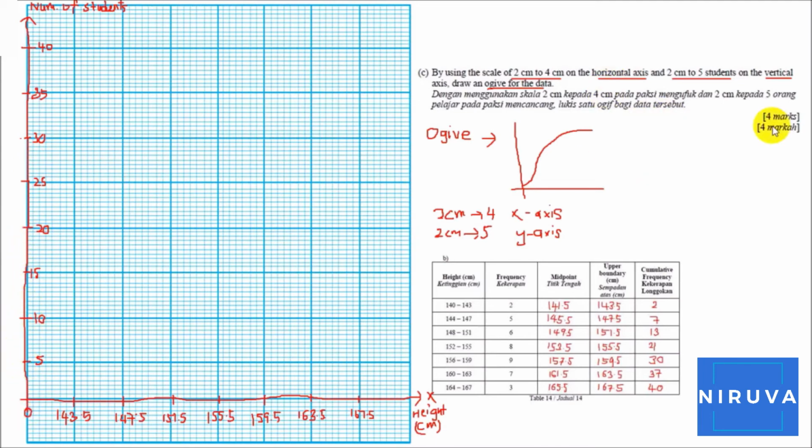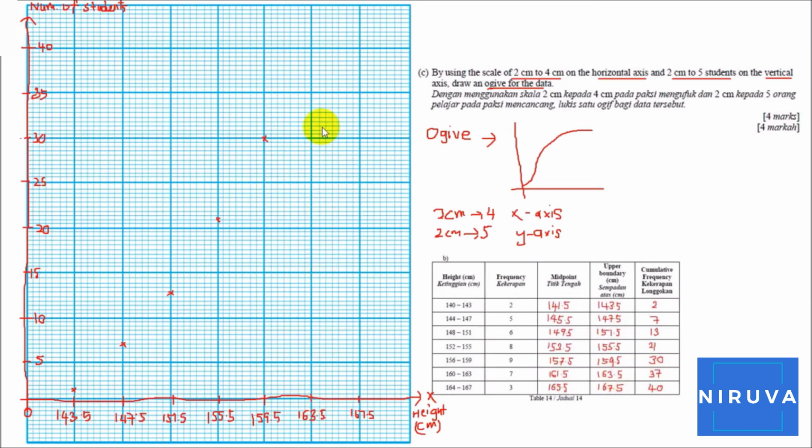Okay, so from the table we have 143.5 at 2, so 2 is here. So 147.5, 7, plot here. 13, 151.5, so here is our 13. 21, 159.5, 30, so here is 30.